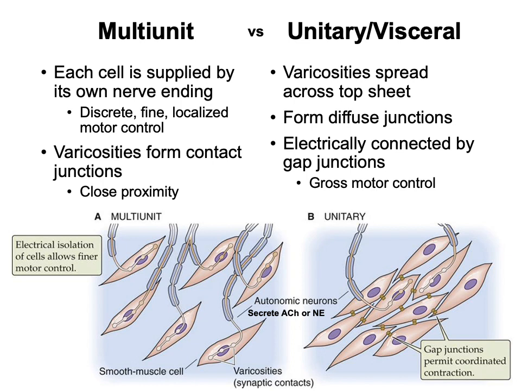Unitary muscle is the varicosities, as I showed in the previous diagram, will spread across the top sheet, and they form diffuse junctions. And because the smooth muscle cells of unitary muscle are connected via gap junctions, if the top layer depolarizes, all the rest of the layers will depolarize via the ions being able to go through the gap junctions. And this type of muscle is used for more gross motor control of smooth muscle.